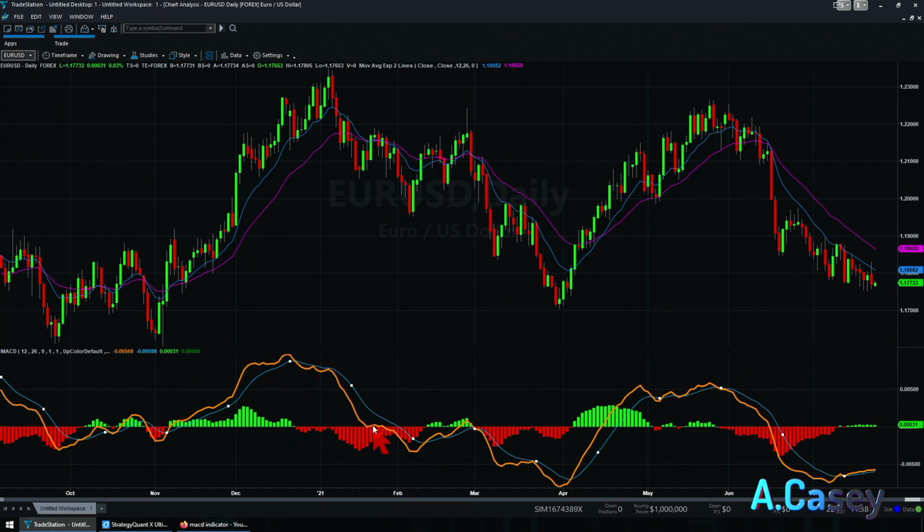Also, when it crosses below 0, that's a bearish sign. And the opposite is true. So when it crosses above the signal line, that's a bullish sign. When it crosses above 0, that's also a bullish sign. Also, when the histogram goes negative, that's a bearish sign, and when it goes positive, that's a bullish sign. So all these signs, you can use them separately or combine them. It's all up to you.